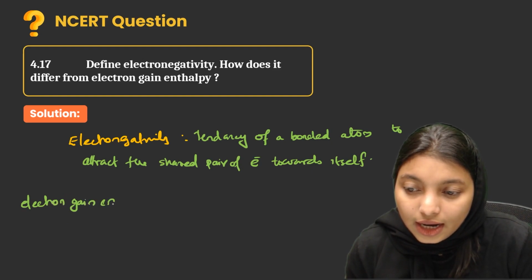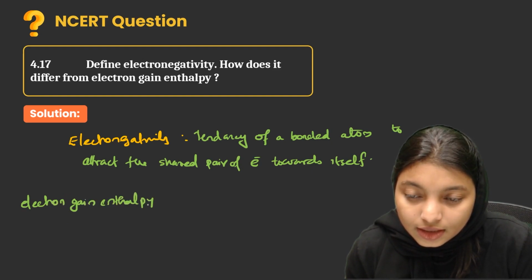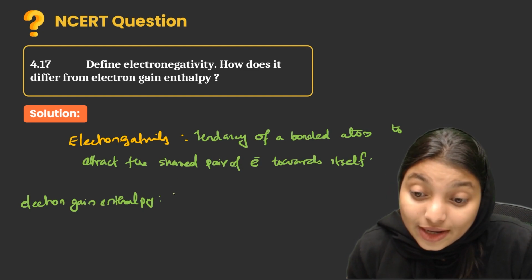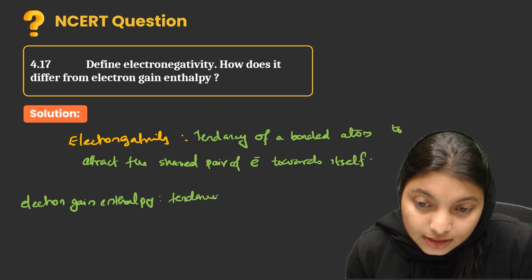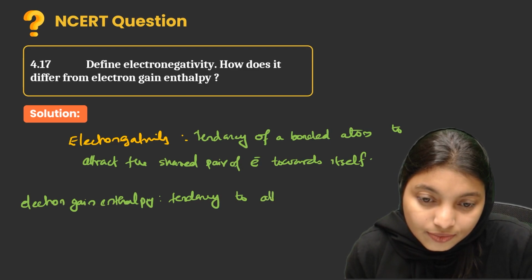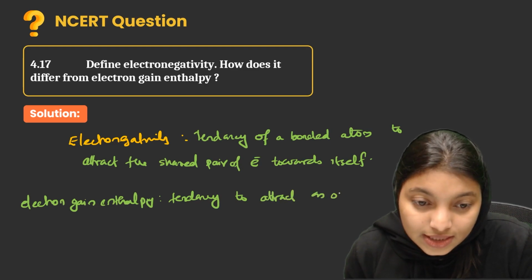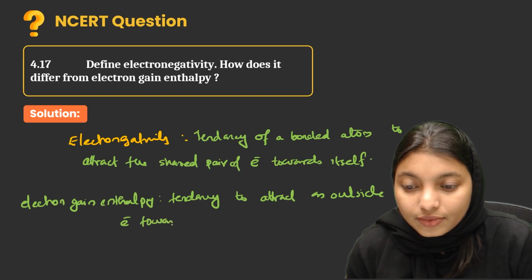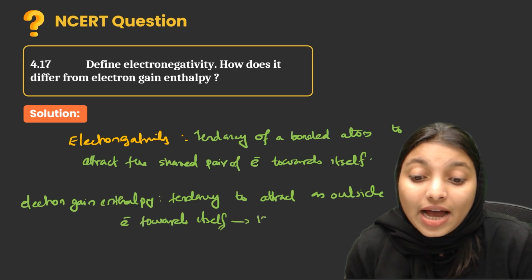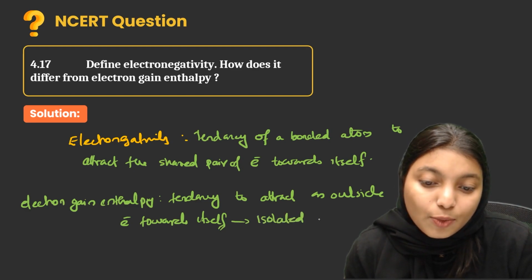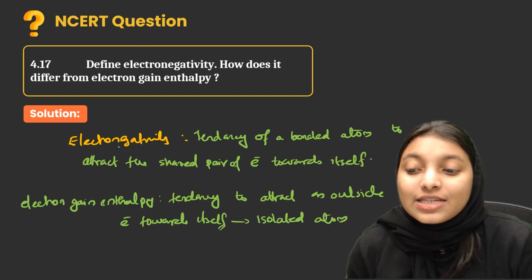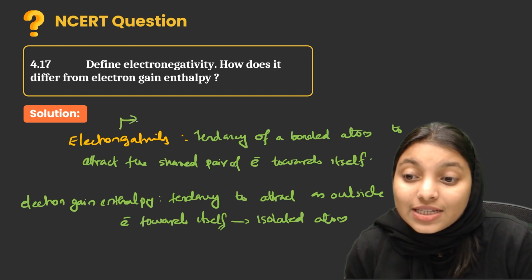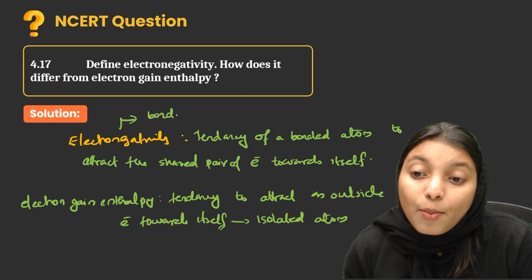Electron gain enthalpy is the tendency to attract an outside electron towards itself. This is a property of an isolated atom, whereas electronegativity is the property of a bonded atom.